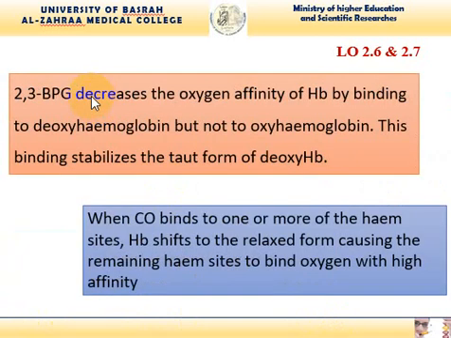The answer to the first question is that 2,3-bisphosphoglycerate decreases the oxygen affinity of the hemoglobin because this compound binds with the deoxyhemoglobin but not with the oxyhemoglobin.